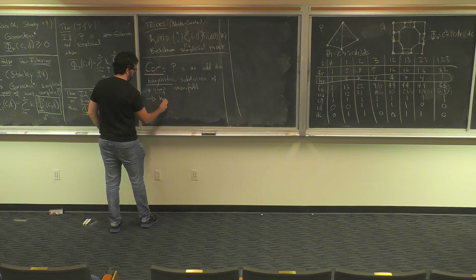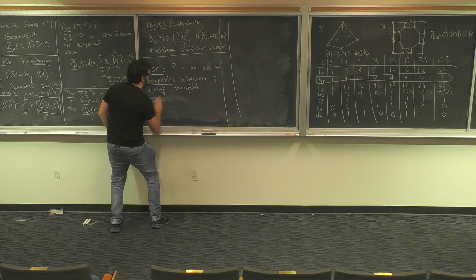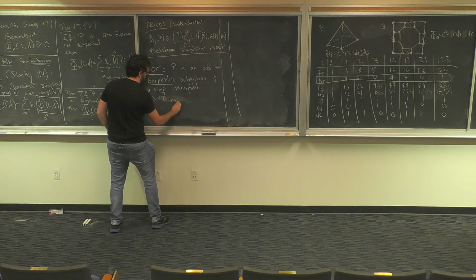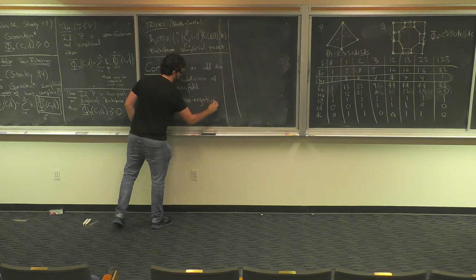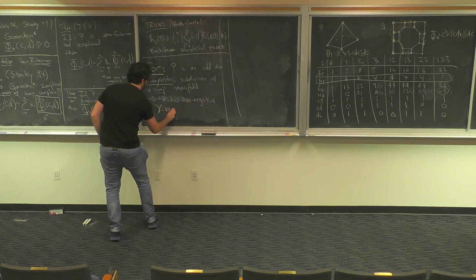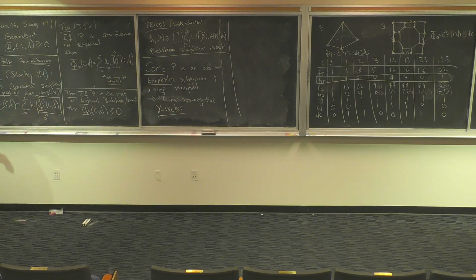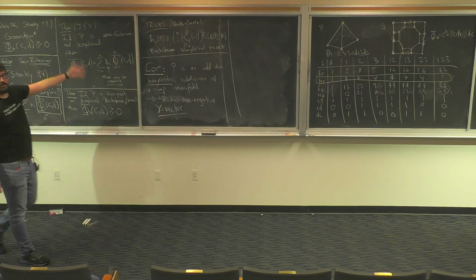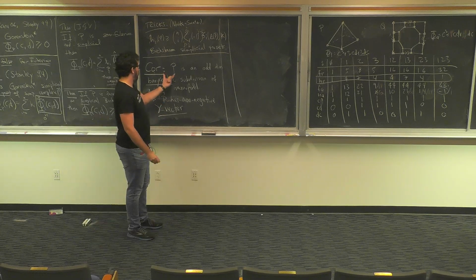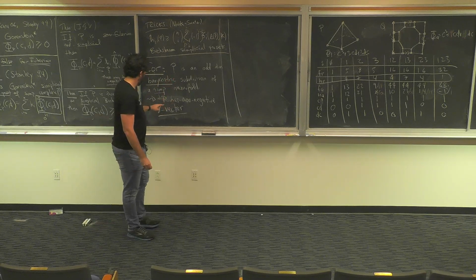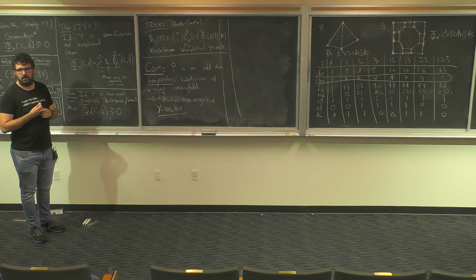Then P has non-negative gamma vector. So many of these things that we usually ask for homology spheres or for flag homology spheres, when you have a symmetric H vector, you could conjecture for manifolds as well.